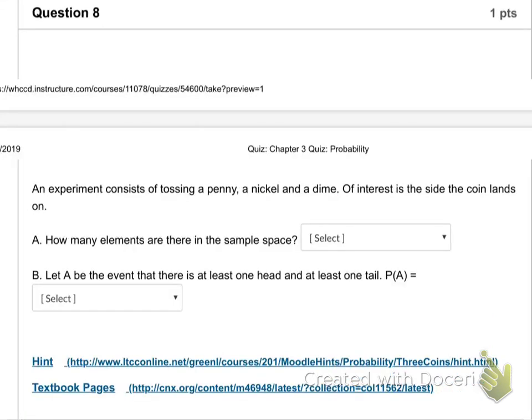Okay, and number 8, it says an experiment consists of tossing a penny, a nickel, and a dime. So we're tossing a penny, nickel, dime, and we're finding heads or tails. So how many elements are in the sample space? How many different things can happen?